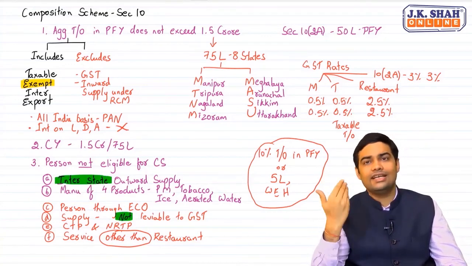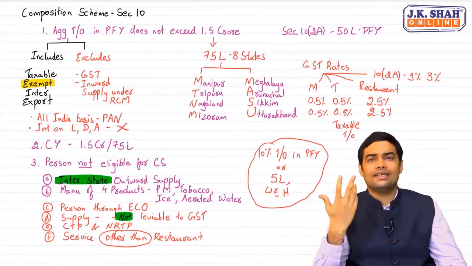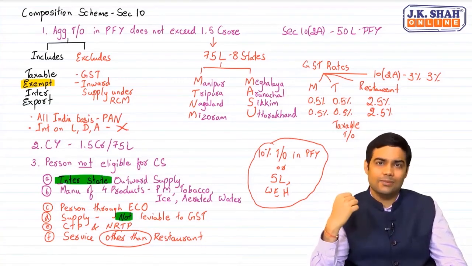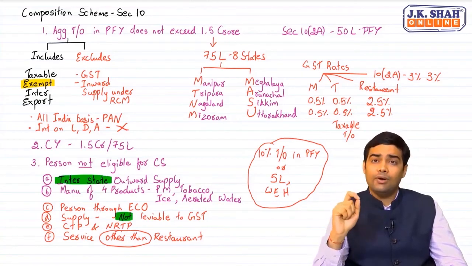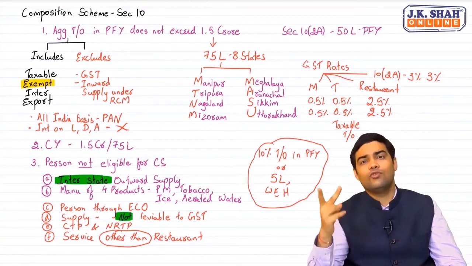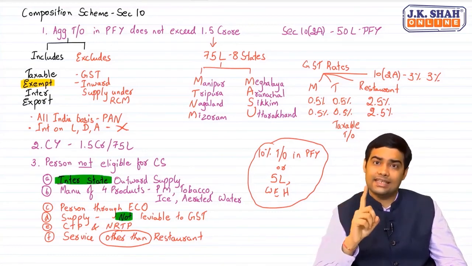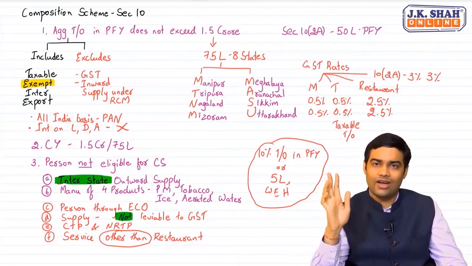But whenever he does this, he has to submit stock details within 30 days. The reason of stock details being submitted, it will be there in ITC chapter. Then, a person who is moving from regular scheme to composition scheme has to file an electronic application before the beginning of the financial year.